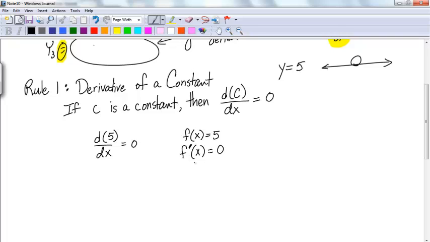I could put the 5 in there. Okay? And then another way to write it, if I said y equals 5, then the derivative y prime is 0. It doesn't matter which notation you use, the answer is still going to be that the derivative of a horizontal line is 0. Okay? Okay, rule 2. This is called the power rule.